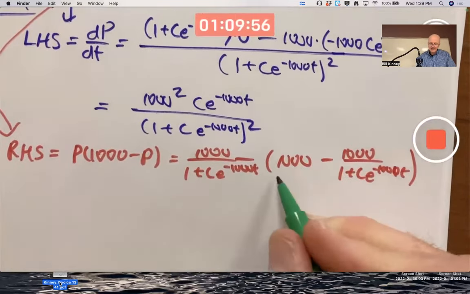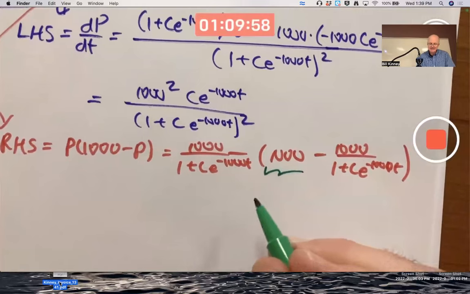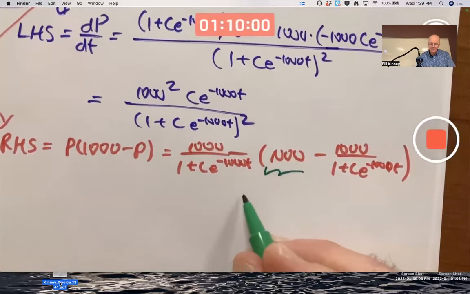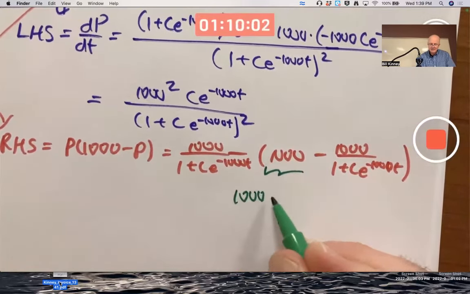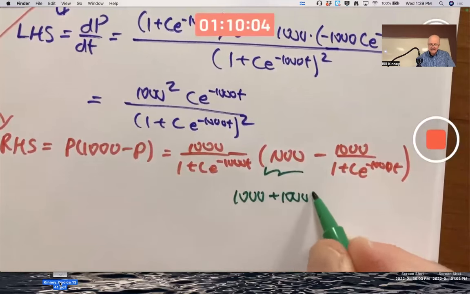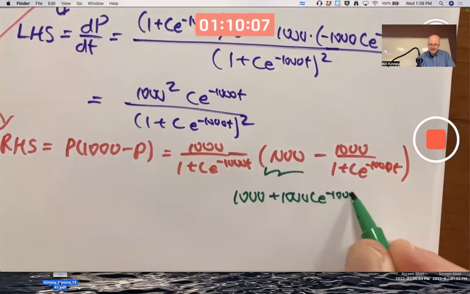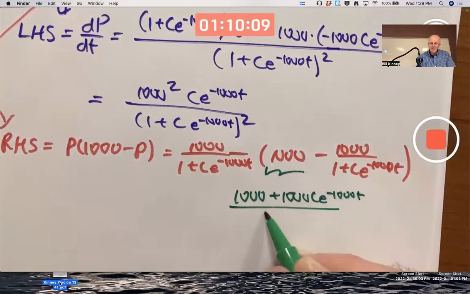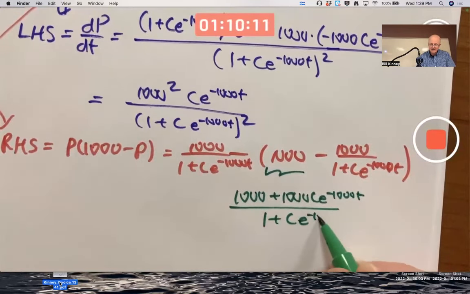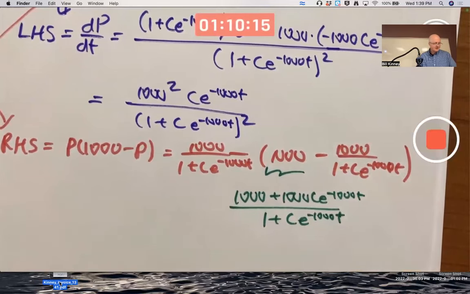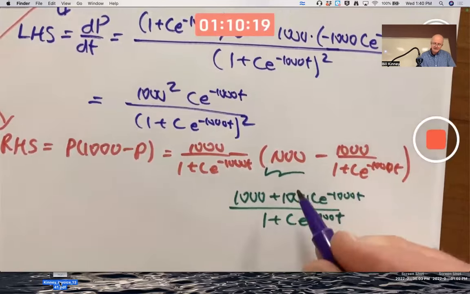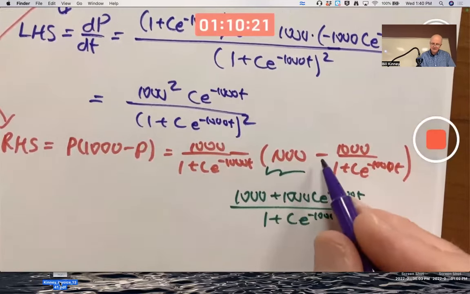Get a common denominator in here. This 1000 is the same as, if you get that denominator, 1000 plus 1000 c e to the negative 1000 t divided by 1 plus c e to the negative 1000 t. And then once you've got that new fraction with that new common denominator, add the numerators, and you've got a minus sign there.